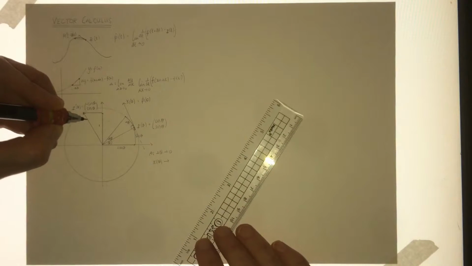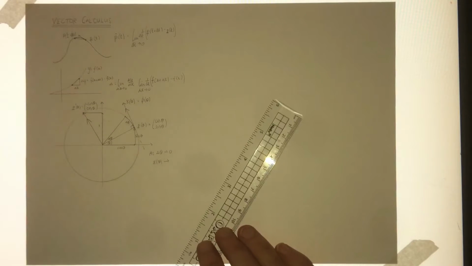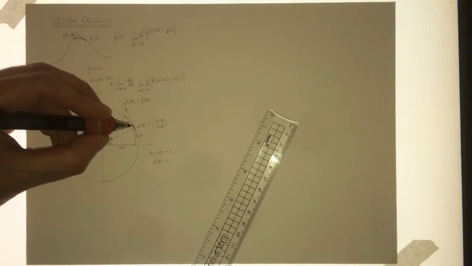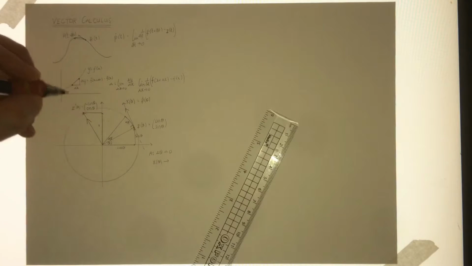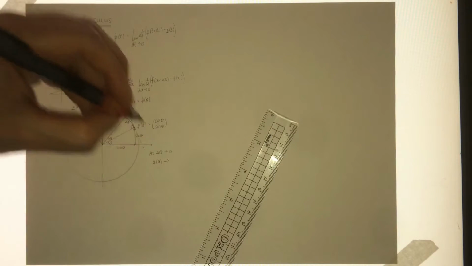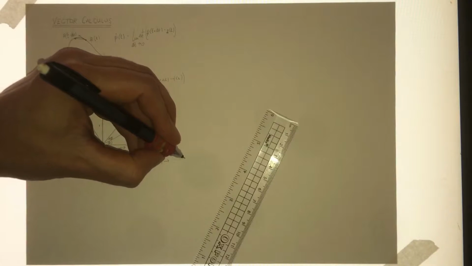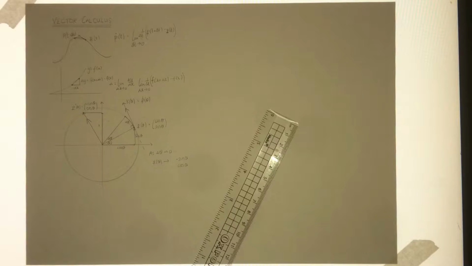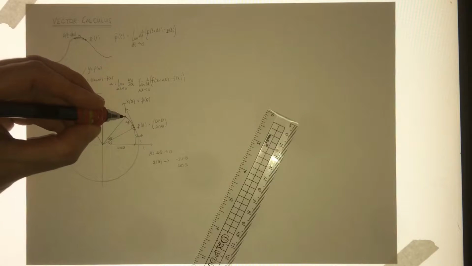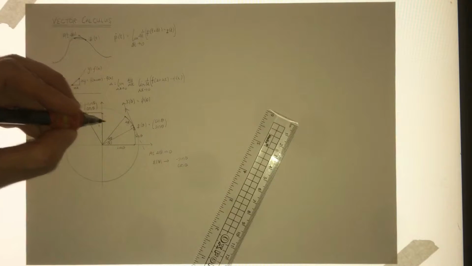And these vectors are parallel. So a unit vector in this direction would be minus sine theta, cos theta, and the length of that vector is ultimately this arc length.